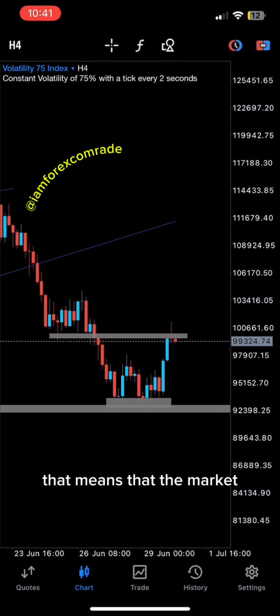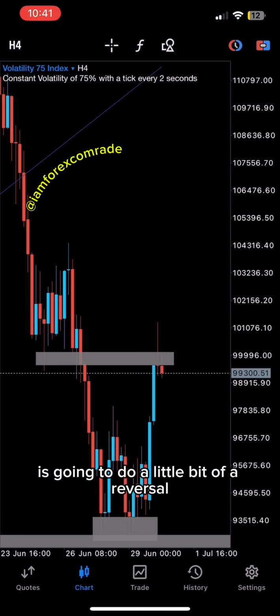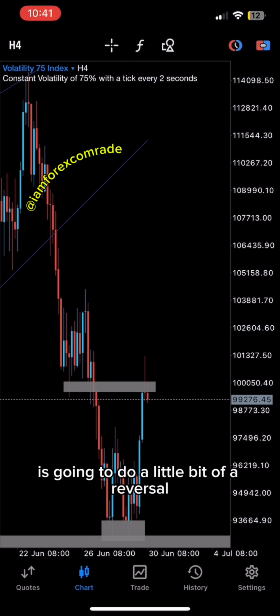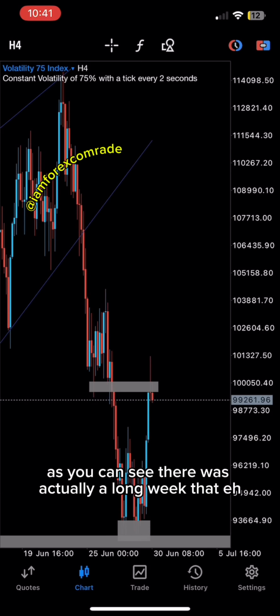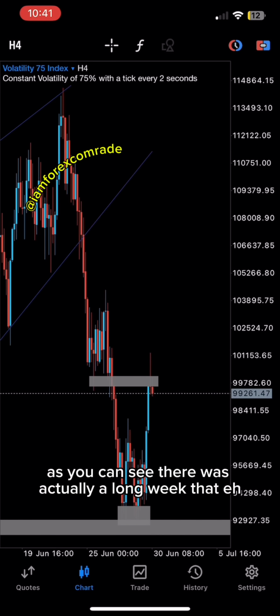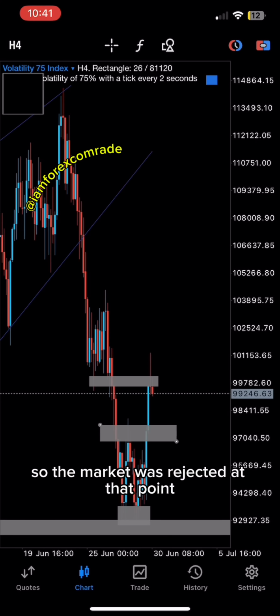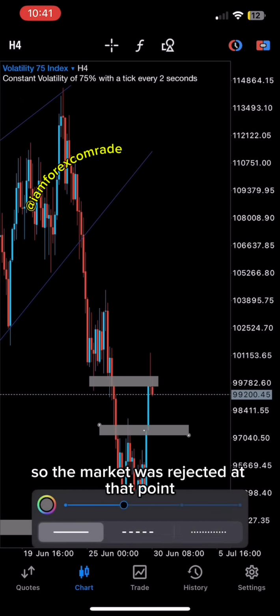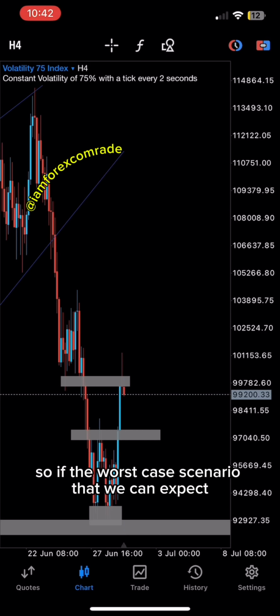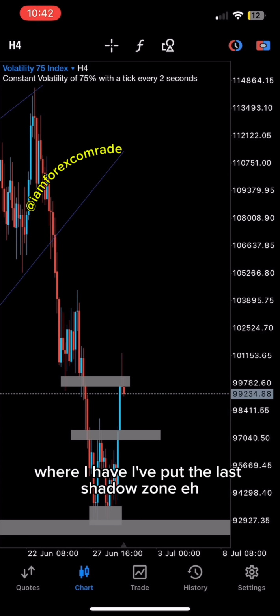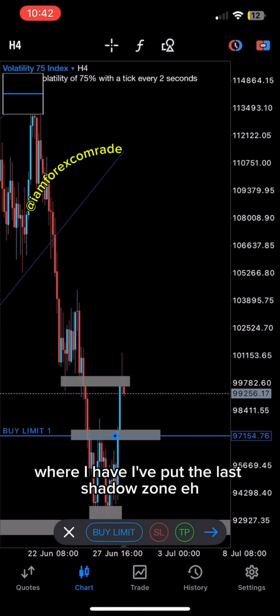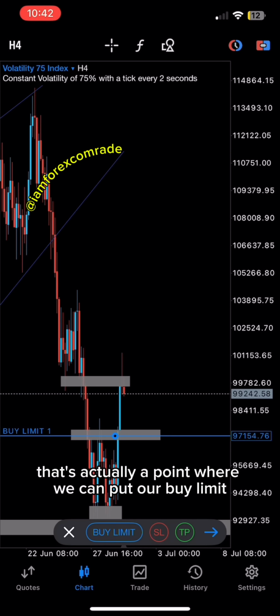That means that the market is going to do a little bit of a reversal. As you can see, there was actually a long wick that signals a rejection, so the market was rejected at that point. So the worst case scenario that we can expect is the market coming back to that neckline where I've put the last shadow zone, that's actually a point where we can put our buy limit.